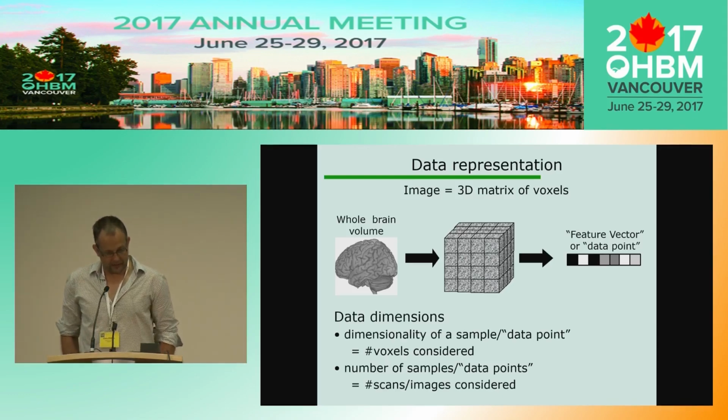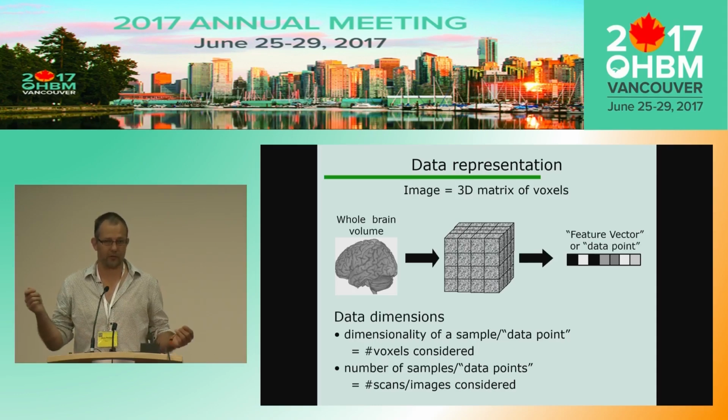One issue with that is that when we speak in data dimensions, there is the dimensionality. So that's the number of samples. So a data point is the number of voxels considered. And when we're playing with resolutions of images we have at the moment, we are in the tens of thousands or hundreds of thousands of voxels. So a data point has a dimensionality of the number of voxels you're considering, and that's tens of thousands at the least.